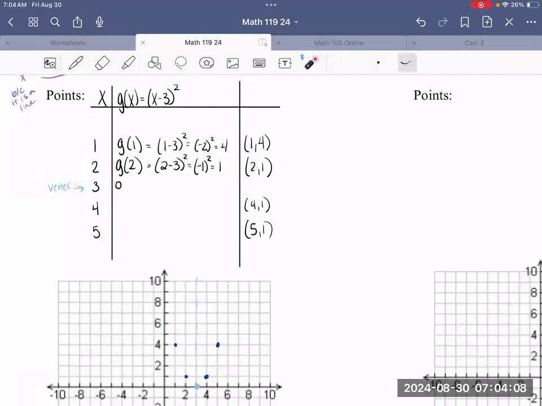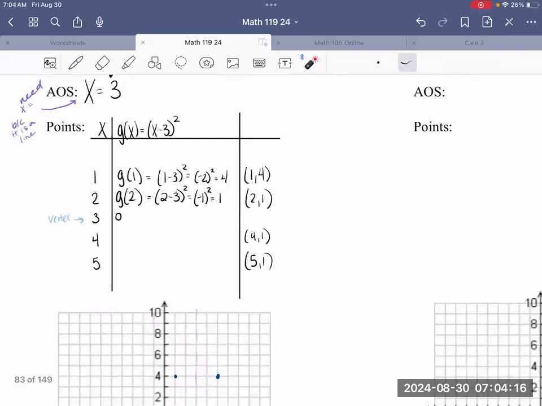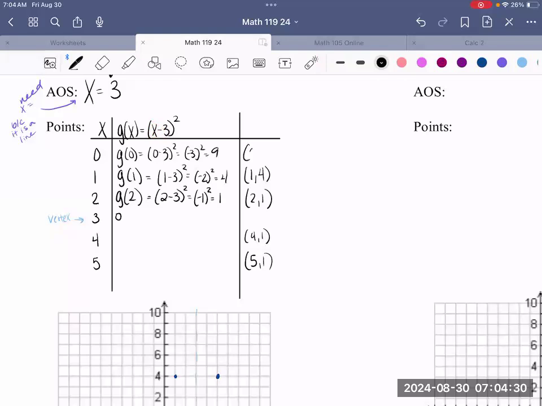If you wanted to do more, you can add 0. Just remember, when you plug in a 0 here, it doesn't come out to be 0. It comes out to be 9. So (0, 9), and this being 3 away.